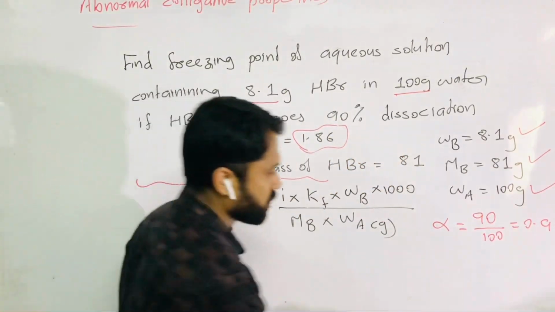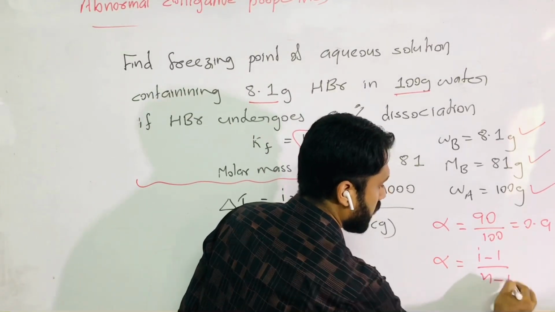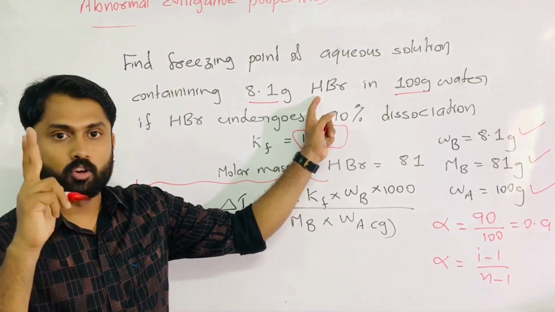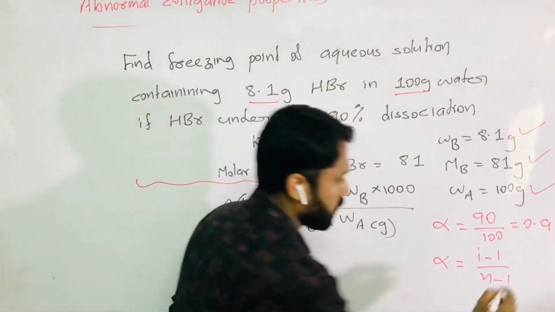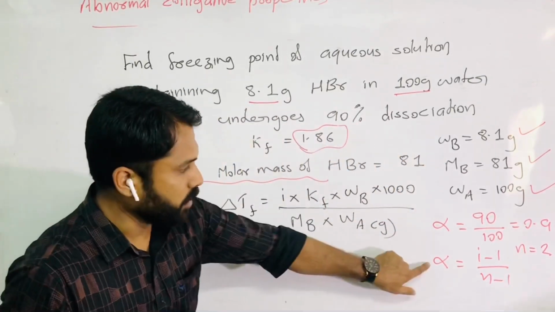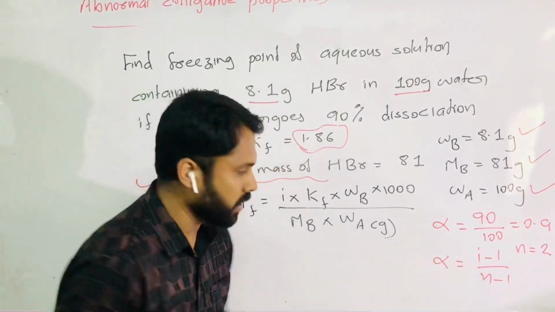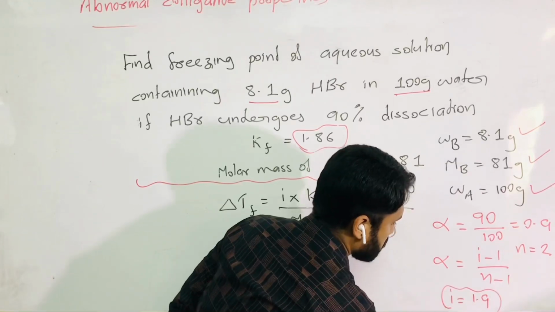We have the equation alpha equal to i minus 1 by n minus 1. In case of HBr, n equal to 2 because HBr undergoes dissociation to 2 ions. We know alpha 0.9, n equal to 2, so we can calculate i. That i equal to 1.9.